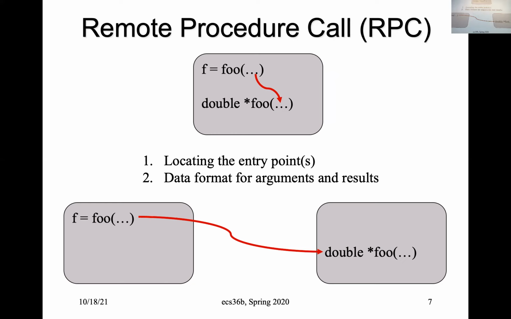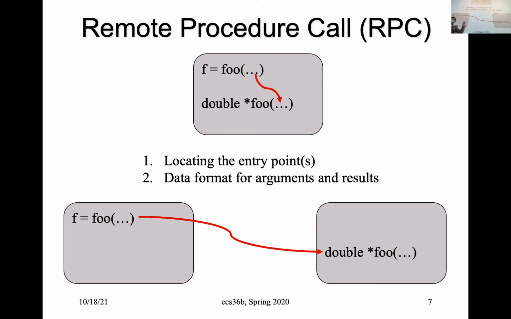But remote procedure call tries to break the code into multiple parts. Essentially, I'm making my caller in one program, and my callee in another program. So you're running like a client and server.